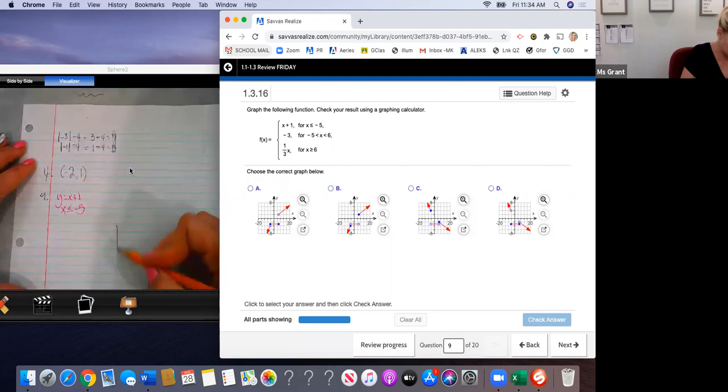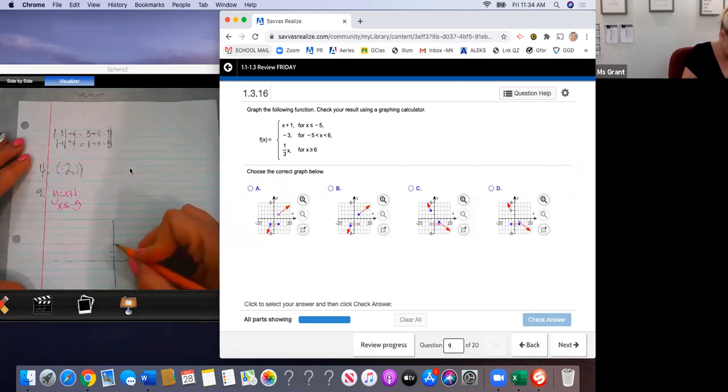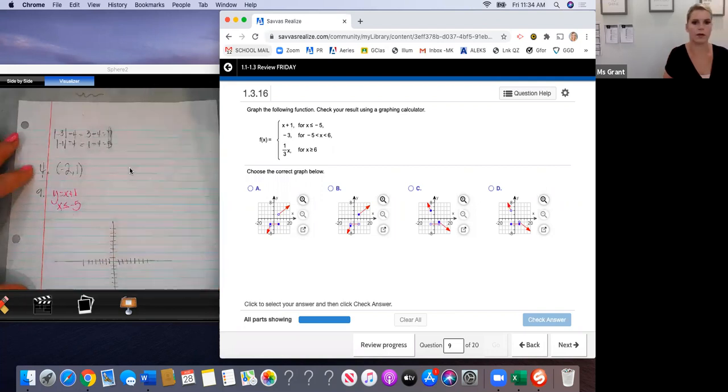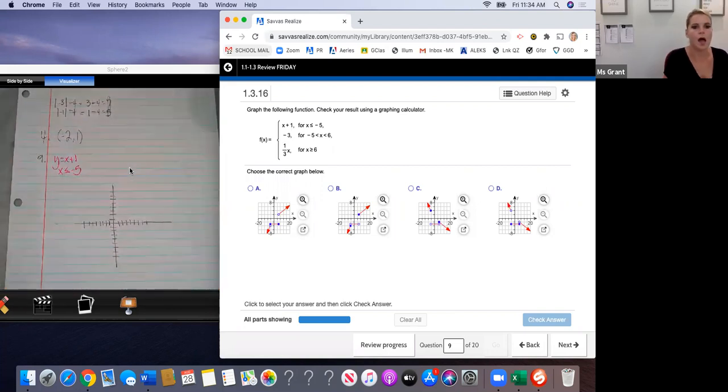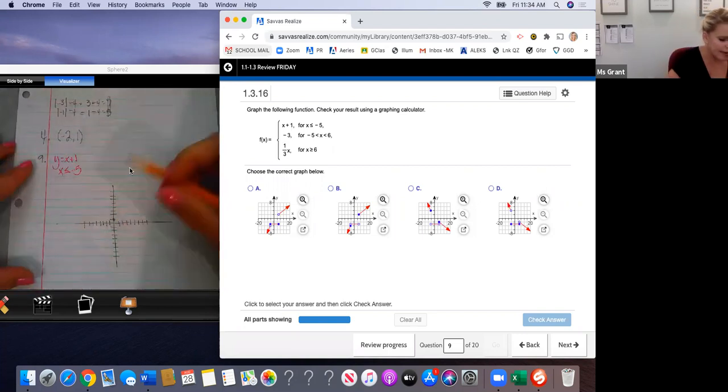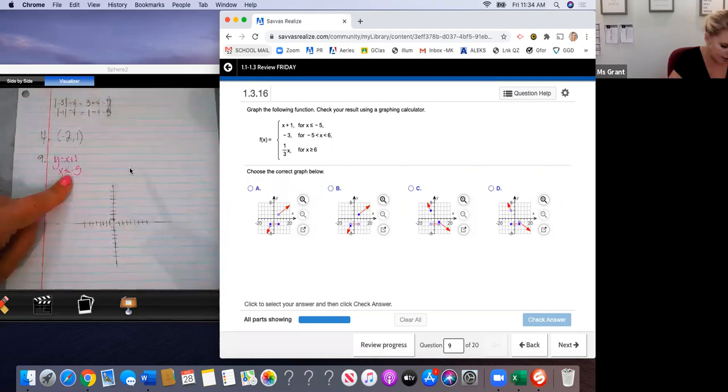So, okay. Y equals f of X equals X plus 1. Begin at 1, it's an uphill line, but it has to be less than or equal to -5.